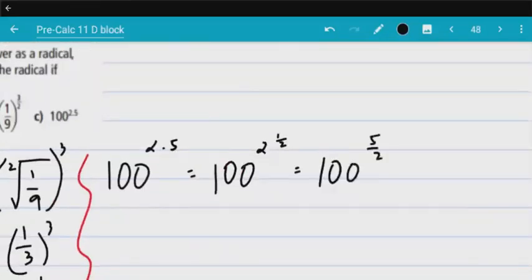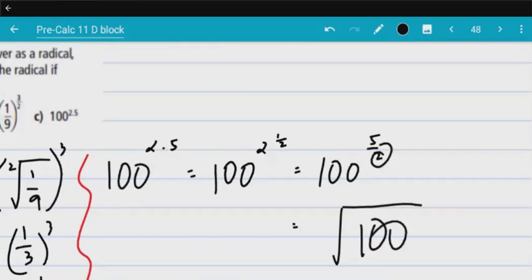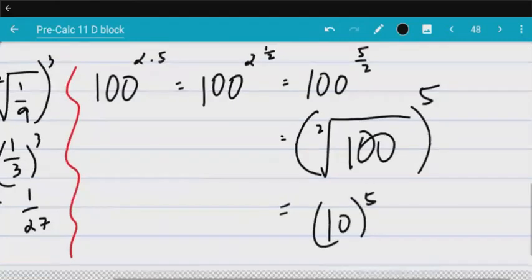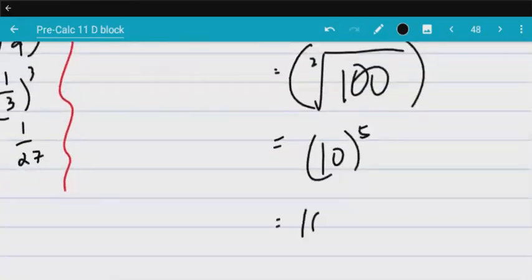Which tells you that you can turn it into a radical with the 100 inside. That denominator of the exponent becomes your index, and then your 5 would be your exponent. Square root of 100 is 10, and then make it an exponent of 5. There will be 5 zeros: 1, 2, 3, 4, 5. That would be 100,000. Okay.